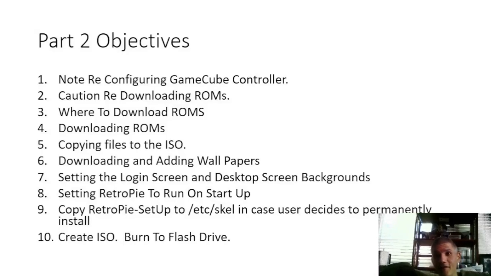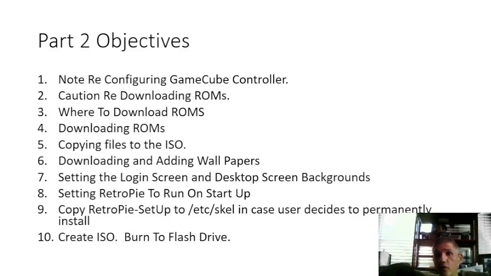Part 2 objectives that will be covered in this video include how to install the controller to be interactive in GameCube, and a caution regarding downloading game ROMs because they are illegal to download unless you actually own a physical copy of the game.